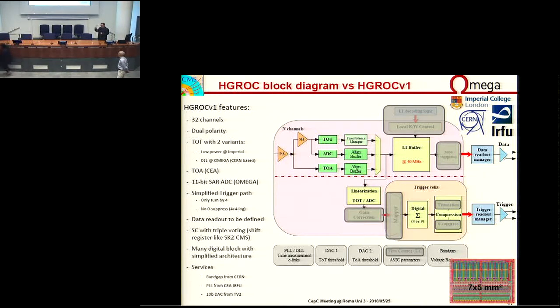I'm sorry, I forgot to say something. This TOT technique is absolutely not working for the silicon PM. So we won't use the TOT for the SiPM.